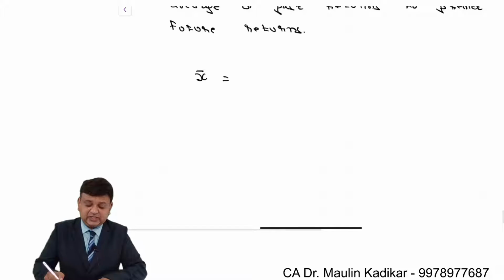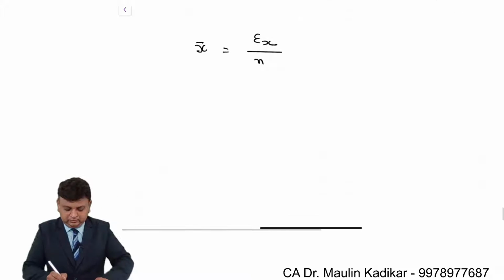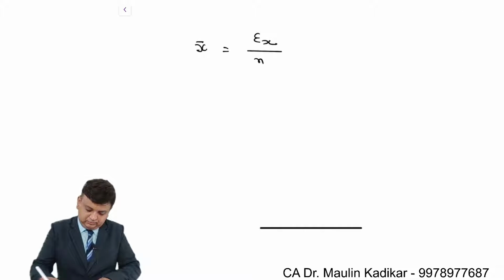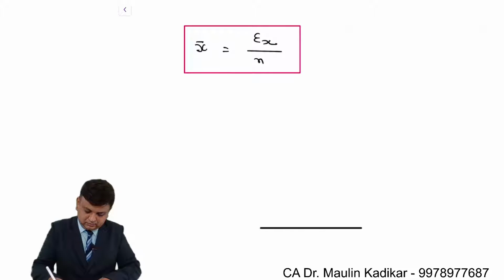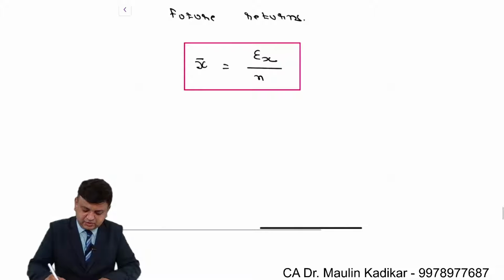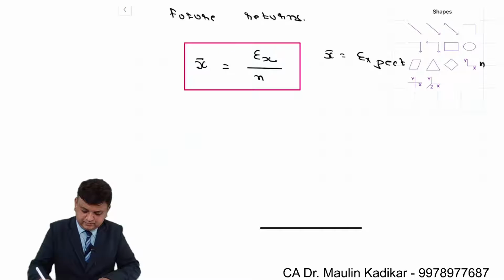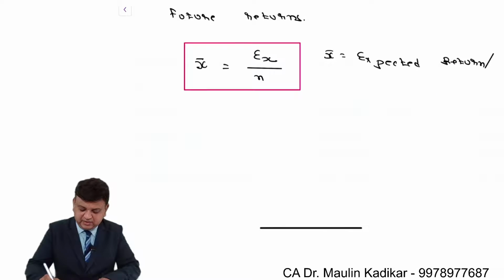Return formula: x bar is equal to summation x upon n. The term x bar stands for expected return, slash mean return.